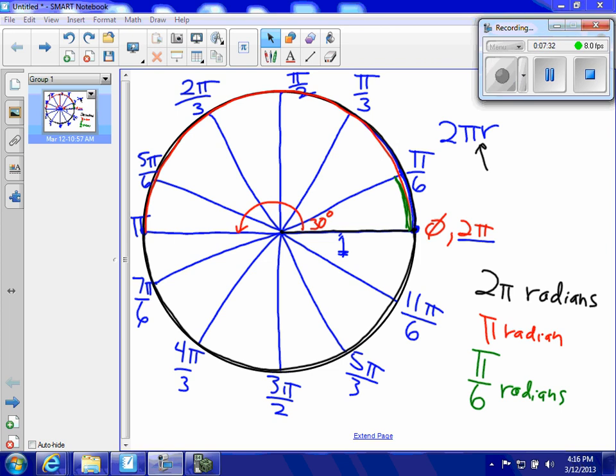So one definition of a radian is the length of the arc of a circle compared to the length of the radius of the circle. It takes 2 pi radiuses to go all the way around the circle, and 1/6 of a pi radiuses to go that far.